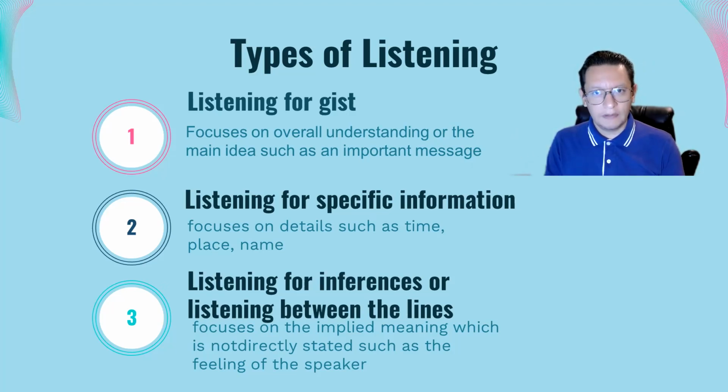When we listen, sometimes we can infer the mood, the feelings, all right, or the place where the speakers are having a conversation, and we can infer it because of the context of the conversation. So we listen for inferences, we listen for implications. So we have listening for gist, listening for specific information, listening for inferences, and listening between the lines.